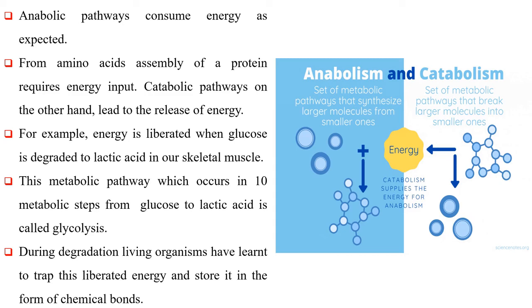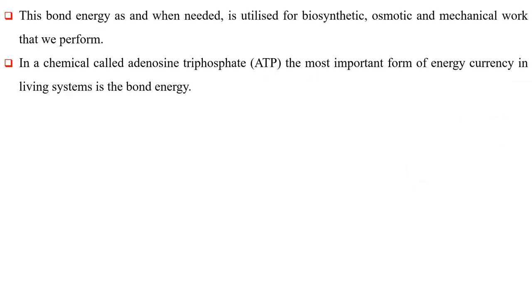During degradation, living organisms have learned to trap this liberated energy and store it in the form of chemical bonds. This bond energy is utilized, as and when needed, for the biosynthetic, osmotic, and mechanical work that we perform. The most important form of energy currency in living systems is the bond energy in a chemical called adenosine triphosphate.